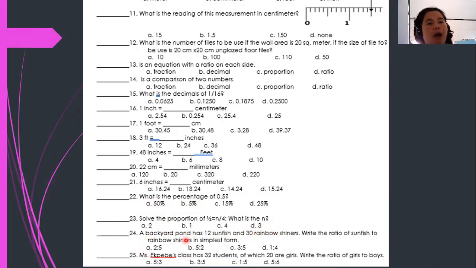A backyard pond has 12 sunfish and 30 rainbow shiners. Write the ratio of sunfish to rainbow shiners in simplest form. A, 2 to 5. B, 5 to 2. C, 3 to 5. 4.